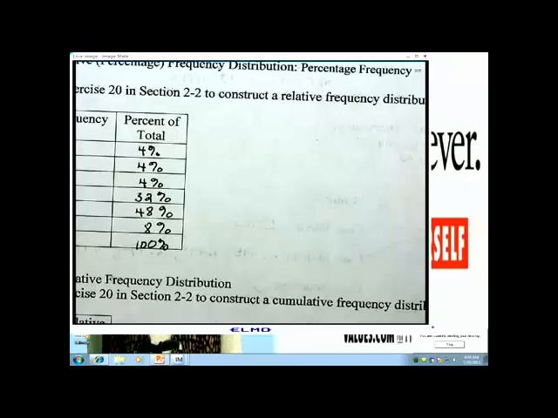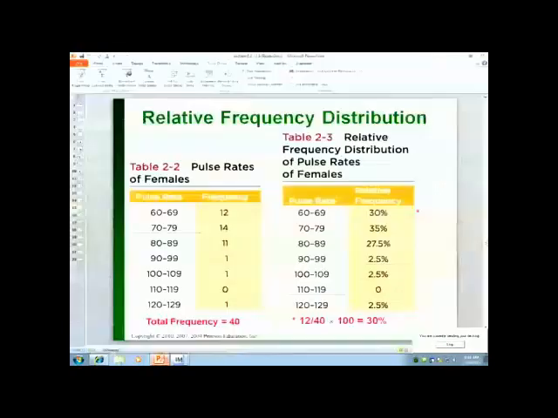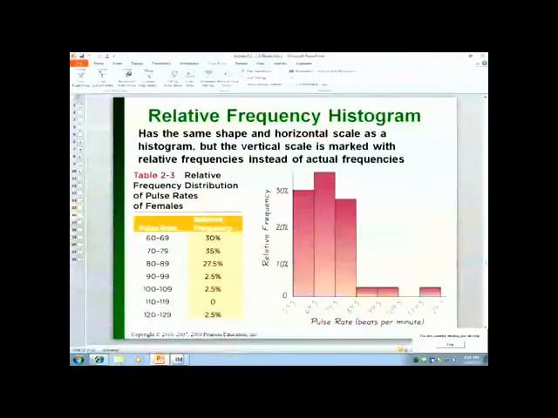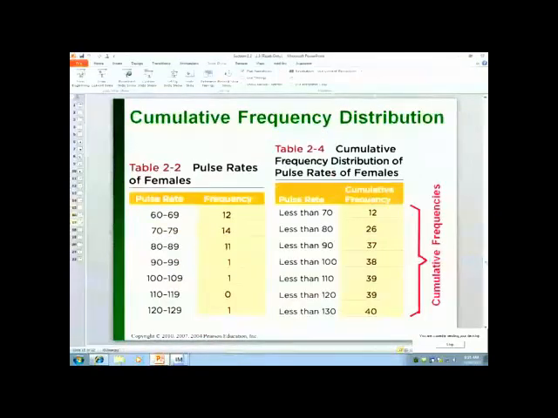All right, let's talk about one other kind of frequency distribution. We've talked about a plain old frequency distribution, a relative frequency distribution, and now we want to talk about a cumulative frequency distribution.